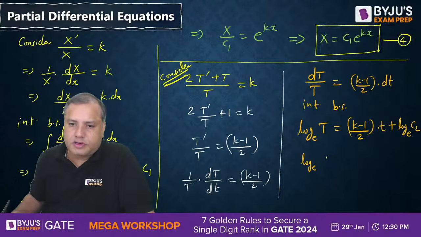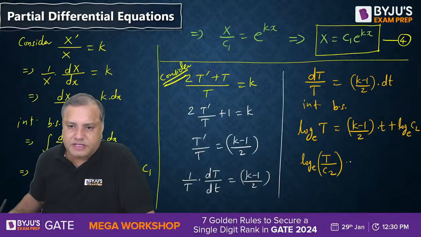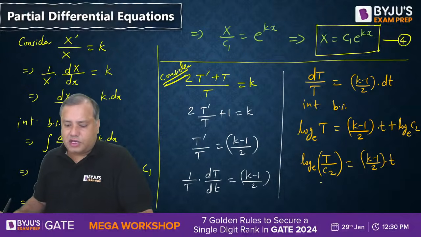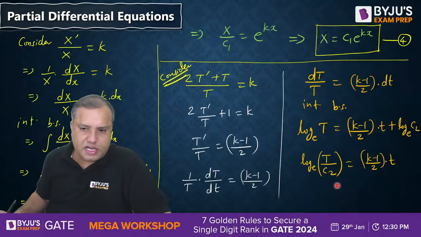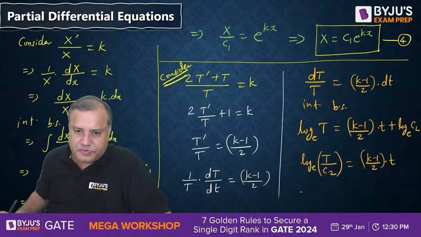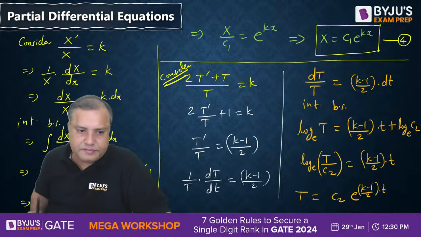So log T minus log c2, log T by c2, equals k minus 1 by 2 into t. Taking anti-log, T by c2 will be e to the power k minus 1 by 2 into t, and this c2 is cross multiplied here.